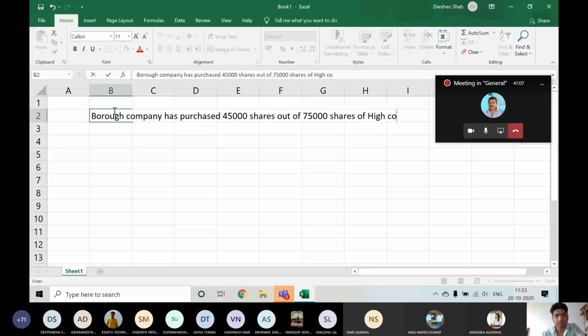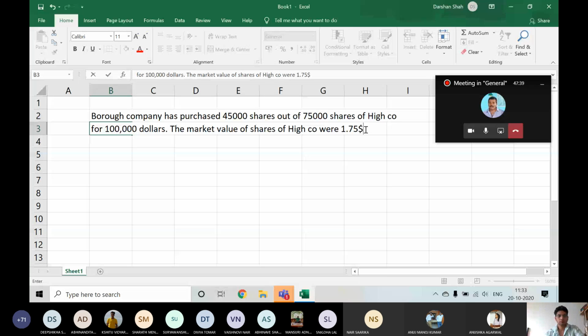The market value of shares of High company, let us say, is $1.75 per share. Market value means fair value.